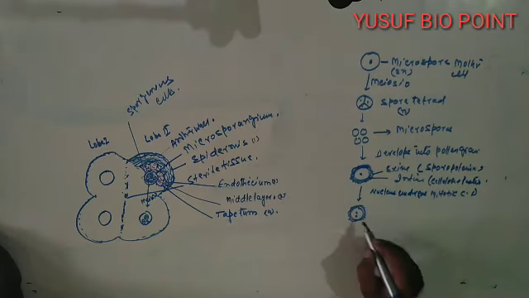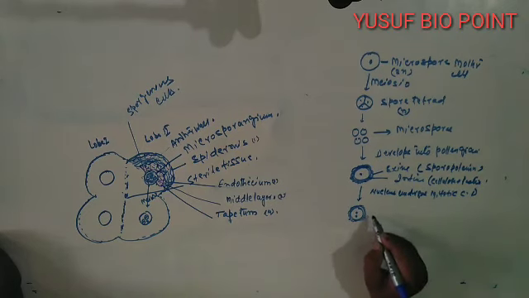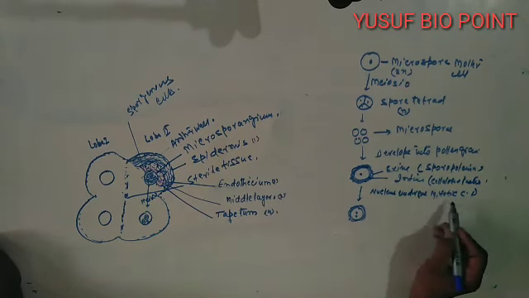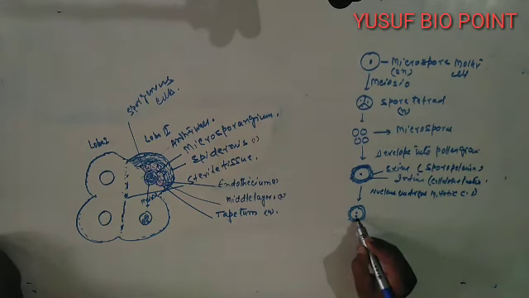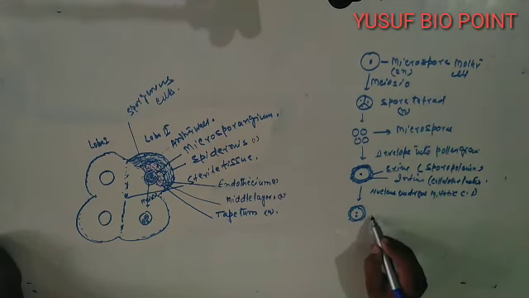The nucleus undergoes mitotic division, two nuclei are formed, and there is cytokinesis.